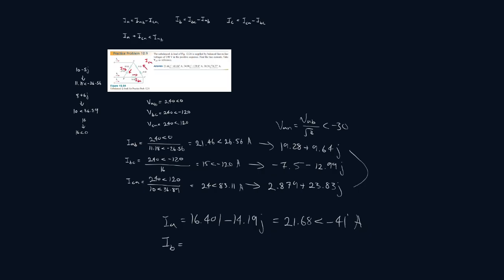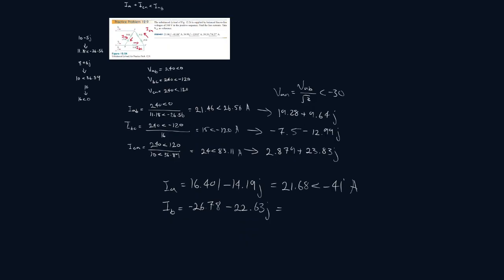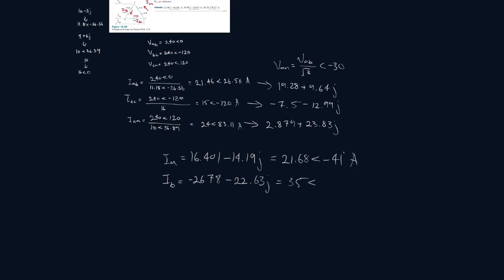IB is IBC minus IAB, so this minus this. It's going to give me minus 26.78 minus 22.63J. Double check the phasor value because you'll have to consider the Cartesian plane for this one.